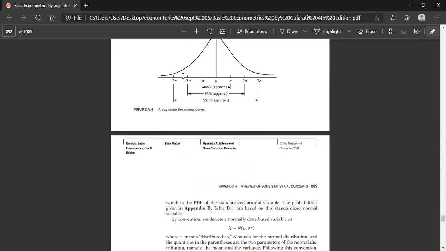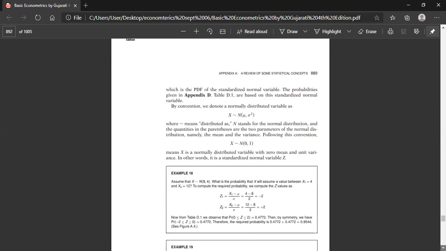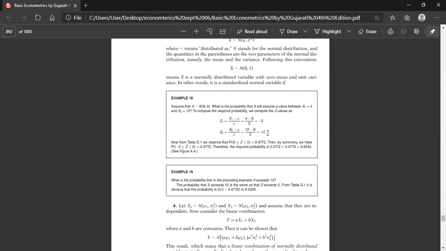So what is the probability that z lies between -2 and +2? Almost 95%. But if you look at that table, you get a little bit of discrepancy. It is an approximation.